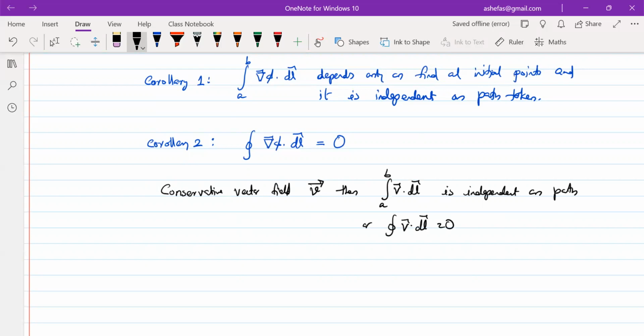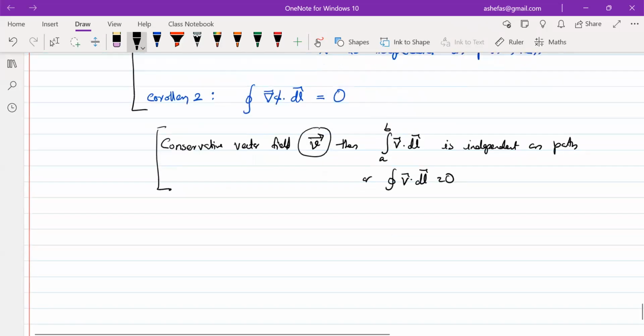Now by connecting these two, we can say that your conservative vector field V can always be written as the gradient of some scalar field, because the conservative vector field follows the property of the gradient. Therefore, the conservative vector field can always be written as the gradient of some scalar field.